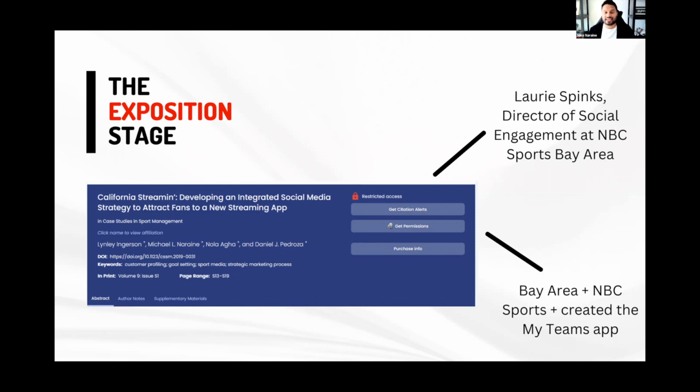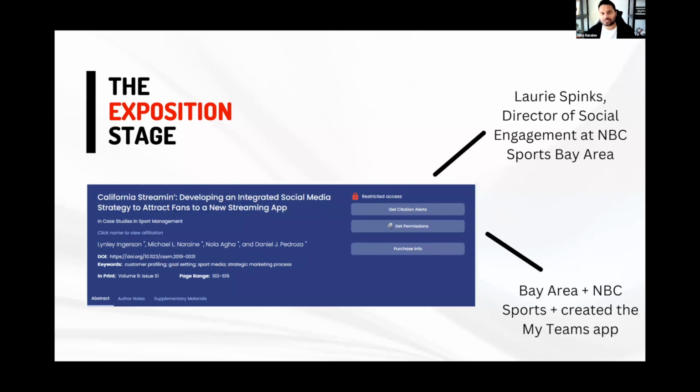However, all of these details are introduced not insofar as the non-fictitious and fictitious elements are concerned, but the fact that Laurie Spinks exists, that they are the director of social engagement at NBC Sports Bay Area, what NBC Sports Bay Area does, what the My Teams app was meant to do, and what the situation looks like in the Bay Area as far as apps and demographics of the fans and consumers. All of these details are spelled out in the exposition stage.